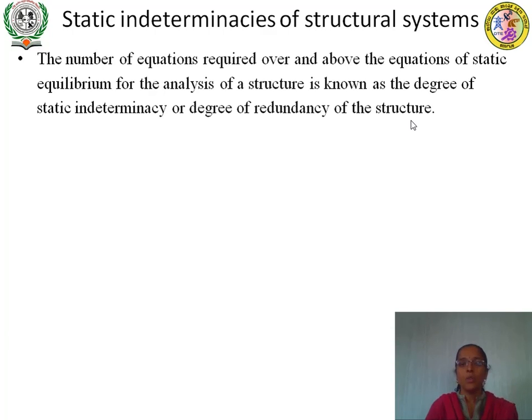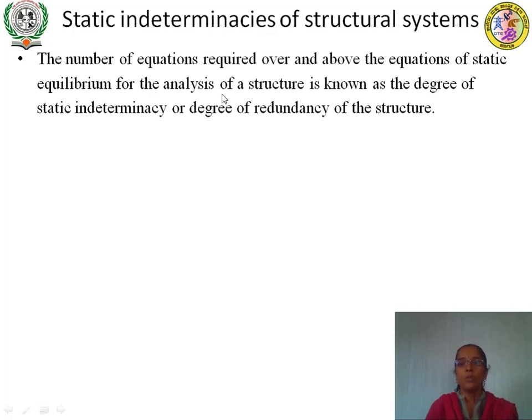Suppose there are 8 unknowns, and we have 3 equilibrium conditions. 8 minus 3 means we will be left with 5 unknowns. So it is the number of equations required over and above the equations of static equilibrium.